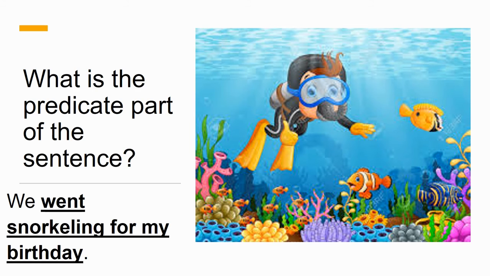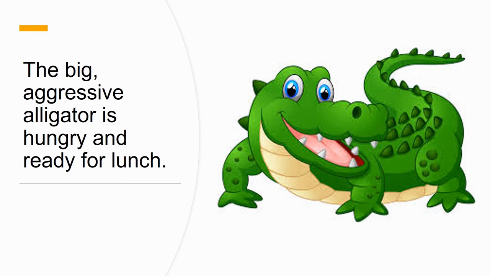Let's try another one. Let's read this sentence together. The big aggressive alligator is hungry and ready for lunch. Now we already know what's the subject part of the sentence. Who is the sentence talking about?